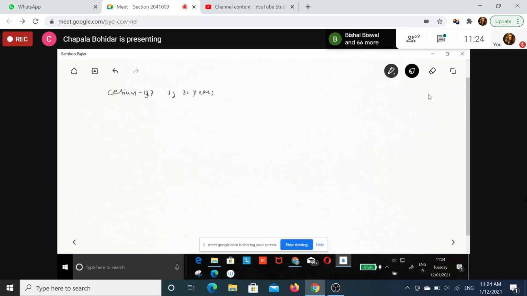Suppose we have a 100 milligram sample. Initially it is a 100 milligram sample. Part A: find the mass that remains after t years.